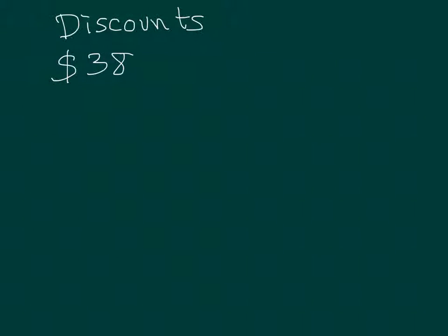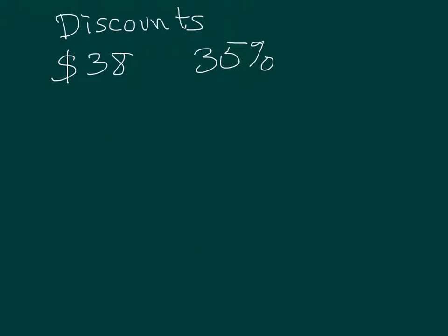Okay, we also need to be able to find discounts. Okay, so say for instance that we're buying a sweater again. This time the sweater is $38, and we know that it has a 35% discount today.